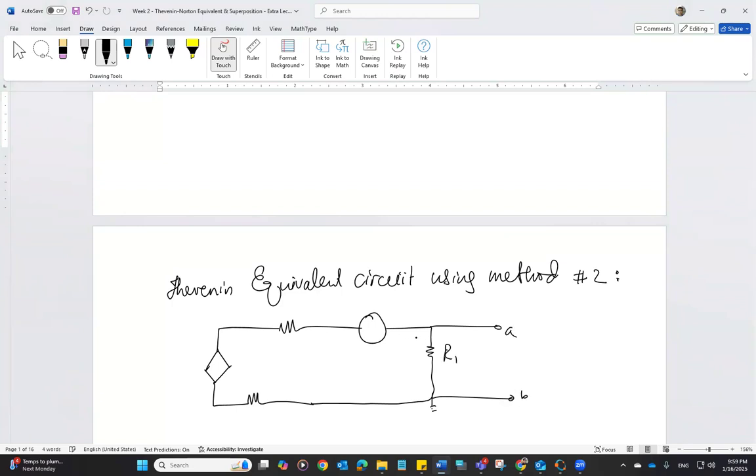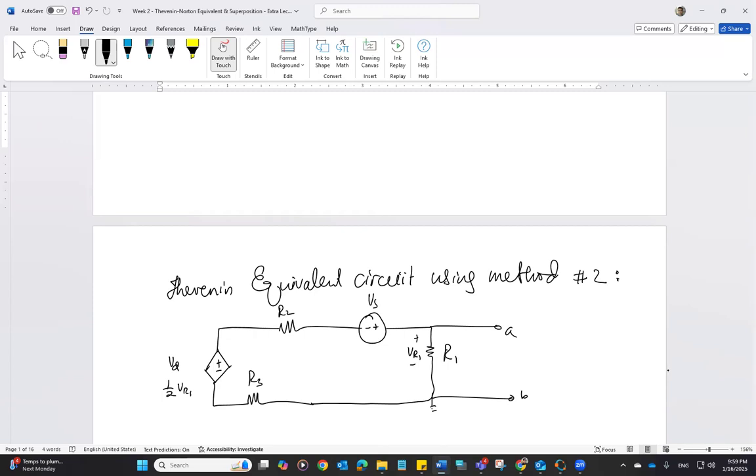So this is R1, VR1, VS, R2, R3, and VD, which is half of VR. We are trying to find basically the open circuit voltage, which is the same voltage as VR1.